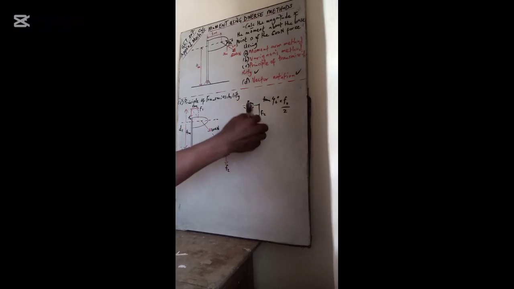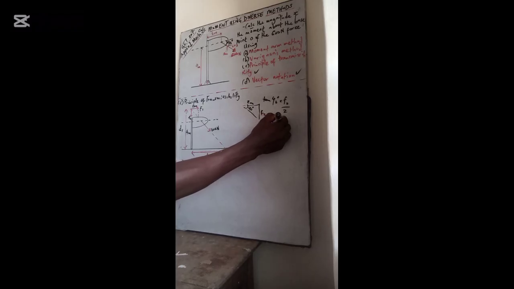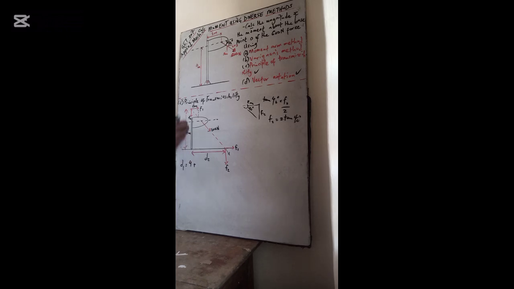We are looking for F2. It's F2 that I want to join to d1 here to complete our d1. So you have F2 equals 2 tan 40. That's the second part of our d1. So plus 2 tan 40.